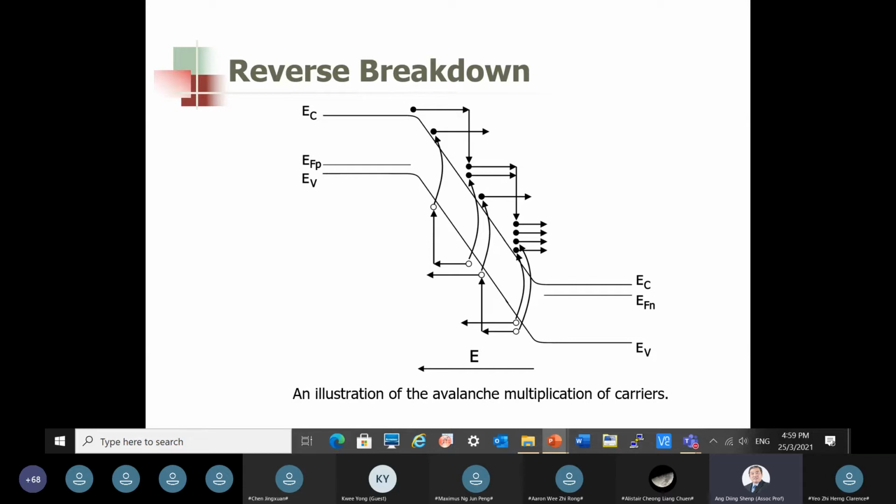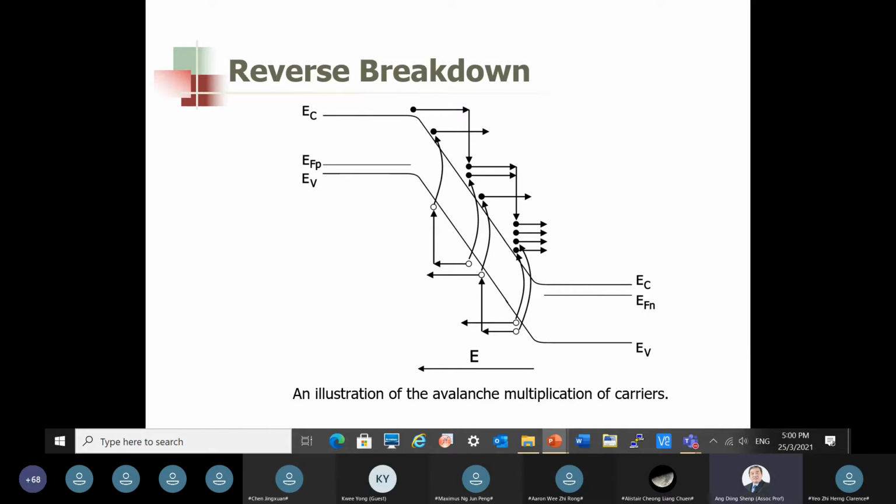With that, I think it should be easier to visualize how the holes can be accelerated to high energy and cause impact ionization. So the impact ionization is caused by the charge and not by the mass of the two objects impacting. The impact ionization is caused by the charge, not by the mass.